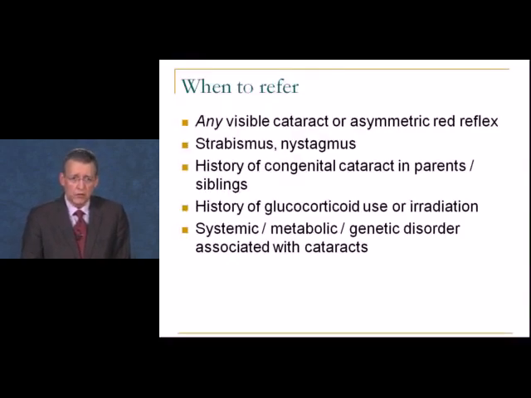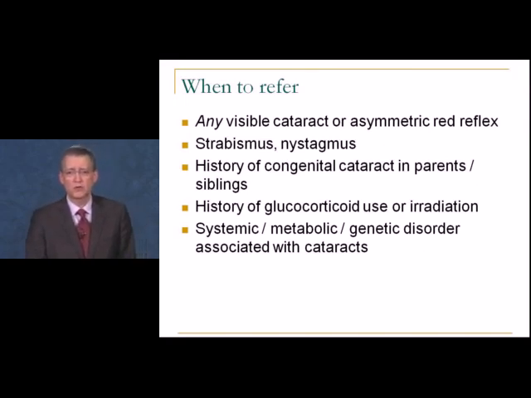So when to refer: any patient with a visible cataract or asymmetric red reflex, patients with strabismus or who've developed nystagmus, you would anyway. Also, if there's a history of congenital cataract, especially in the parents or siblings, you may want to just go ahead and make that referral to get a dilated examination to look for the earliest changes.